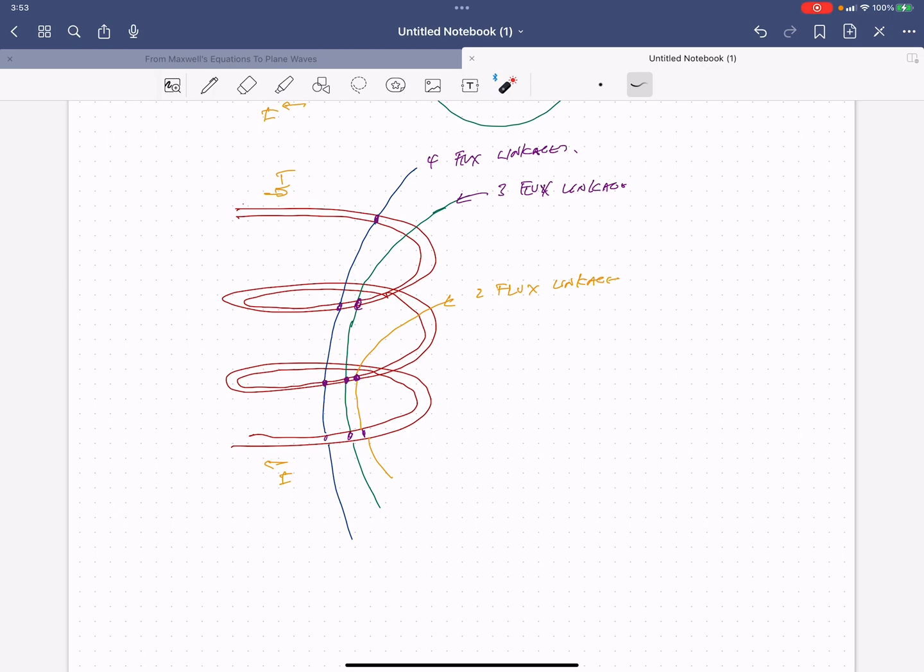What we're really concerned about is the average flux linkage. In this case, if this is all we have, you have 4 flux linkages plus 3 plus 2, and we have 3 of these fluxes, and that's equal to 3. So that's the average flux linkage.